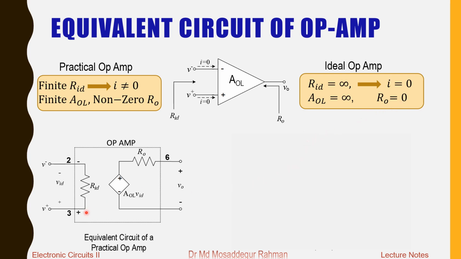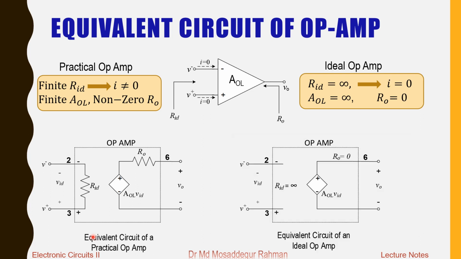So what does that mean in terms of our equivalent circuit? This was our equivalent circuit for the practical one. Now RID is infinite, so it becomes an open circuit at the input side, and as you can see the circuit becomes open, so the current should be 0 here, as shown in the circuit symbol. And the output resistance R0 is 0.